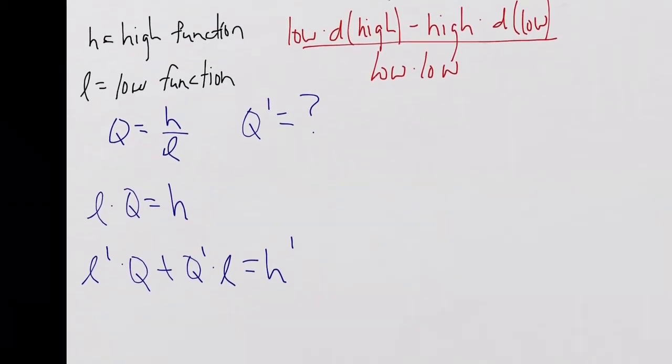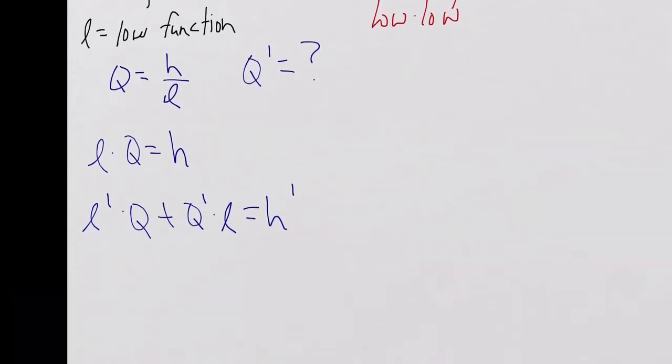So from here, remember, I need to solve for Q prime, and I have that right here. The only thing that I don't like about this is that, notice Q is in terms of H's and L's, so I kind of want to have Q prime in terms of H's and L's. If you look here, I got this guy, so he's the one that's kind of blocking me from having only Q prime and then a bunch of H's and L's.